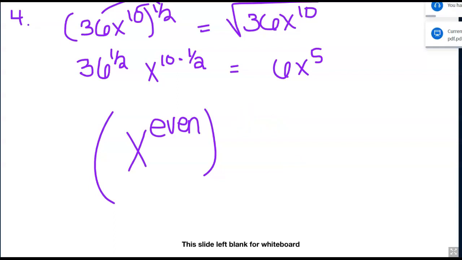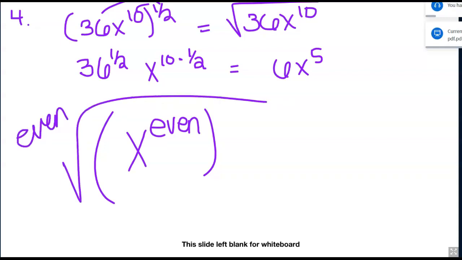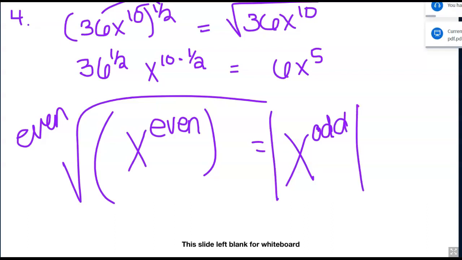So sometimes instead of writing even this way, you see even this way, and then your answer becomes x to an odd. That x to the odd needs absolute values. So my 6x to the 5th needs absolute values.